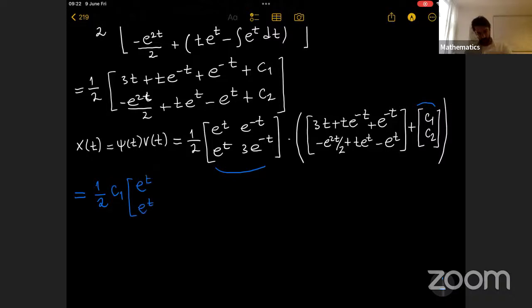This is the first column of the fundamental matrix, okay? Plus 1 over 2 C2 times the second column, e to the minus t, 3 times e to the minus t.